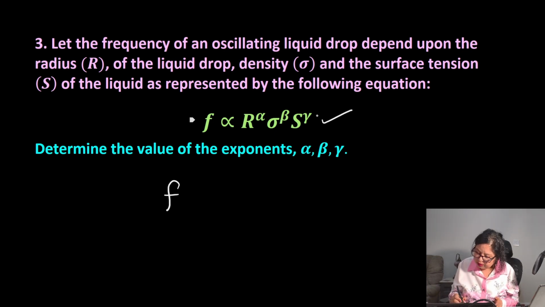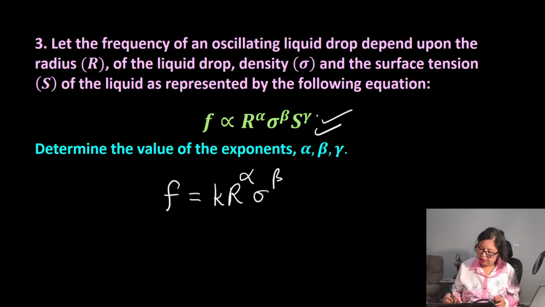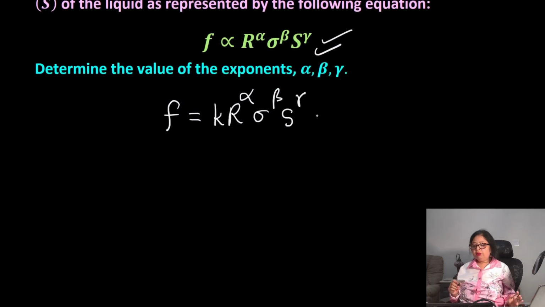Alright, so in this equation, remove this symbol of proportionality and replace it by constant k. This constant k is a dimensionless constant. Now f equals k times r to the power alpha, sigma to the power beta, and surface tension to the power gamma. Now we are to determine the values of alpha, beta, and gamma.